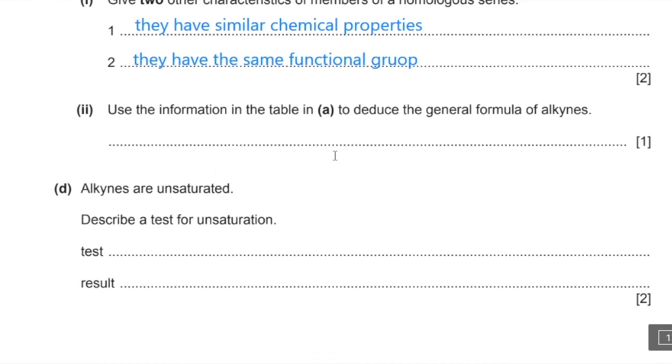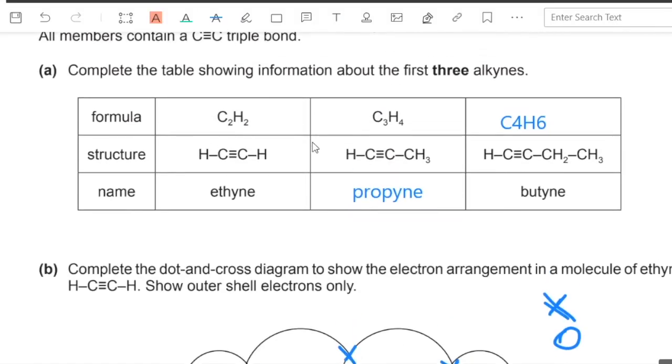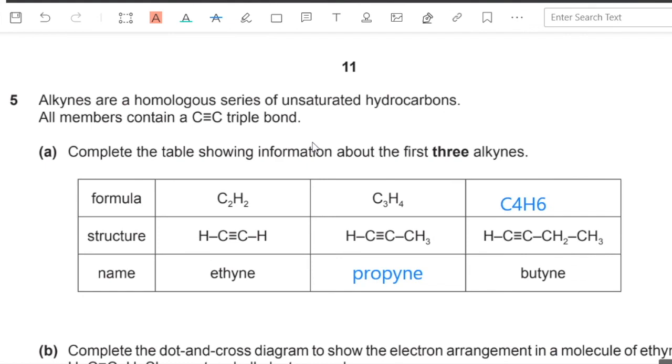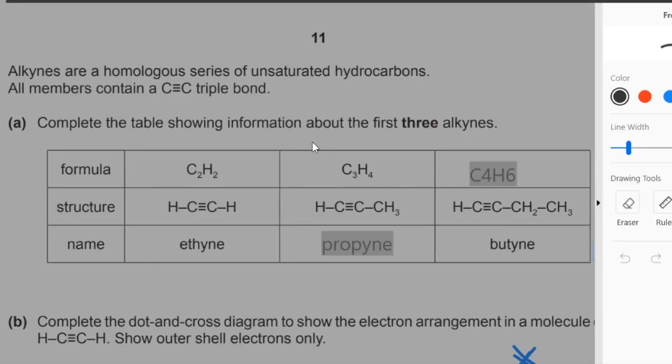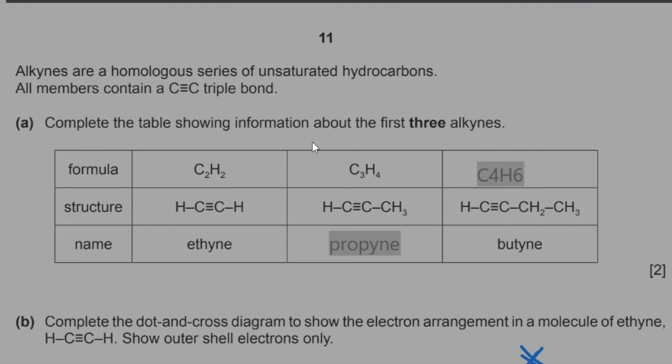Use the information in the table to deduce the general formula of alkynes. So this series, like alkene, starts with n, or the number of carbons, being 2, and then it increases by 1 every time as you proceed in the series.